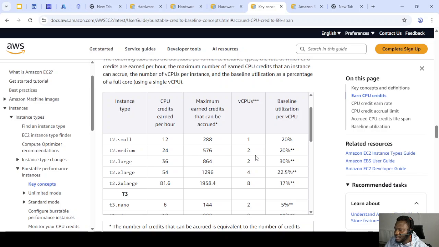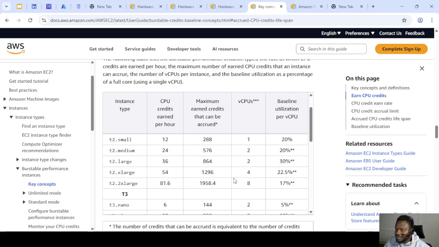It is true, these instance classes are the cheapest, and most database administrators or cloud database administrators tend to choose them because they think they are the cheapest. And yes, it's true they are the cheapest, but they are crucial in performance. If you do not really know how to use a burstable instance class, you're going to have issues with performance, right?